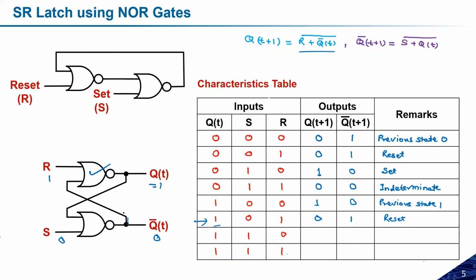This 0 will be sampled here and 1 will be sampled here, and it will change its state. The state of the first NOR gate will be 0, then this will be sampled to the other, and 0 plus 0 will give you 1, because the first NOR gate decides what the output will be. Because both NOR gates are not responsible at once, they get some time to let the output settle down. So this is how we get the reset.